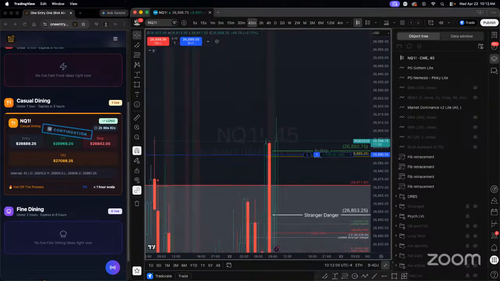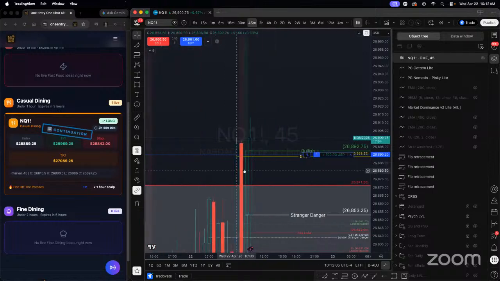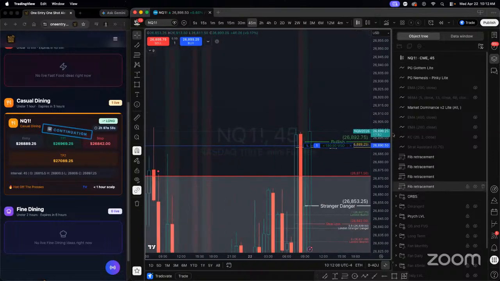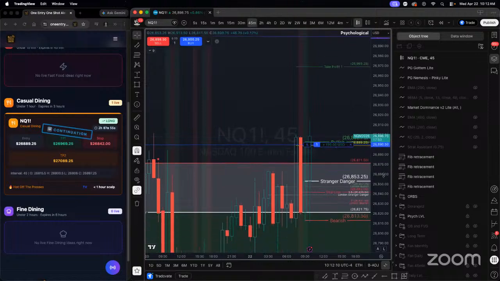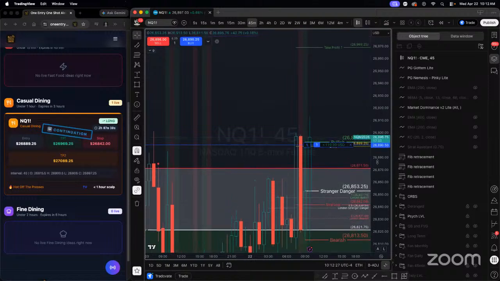Let's see if they sweep the sell side liquidity here. I would love to be in this trade for a total of 45 minutes. We got like 17 more minutes left in this candle. Come on, bullish opening range.